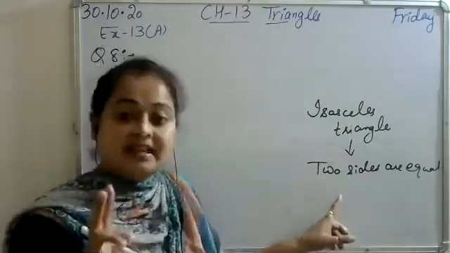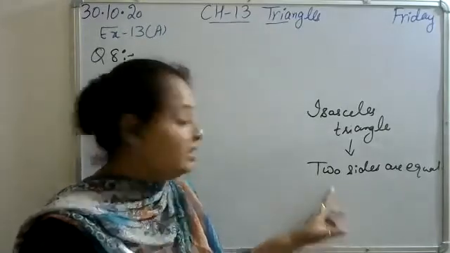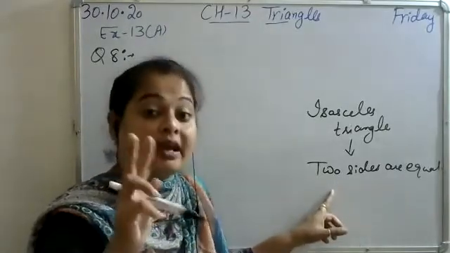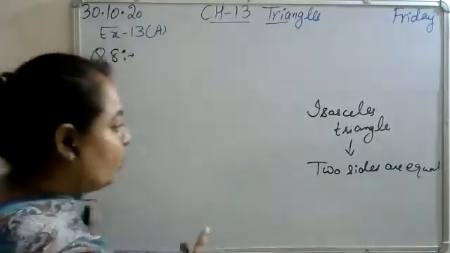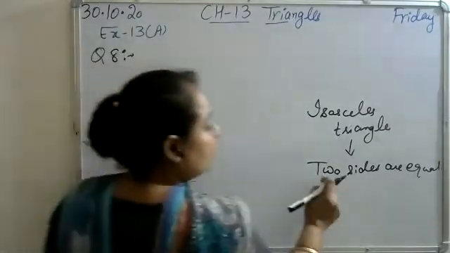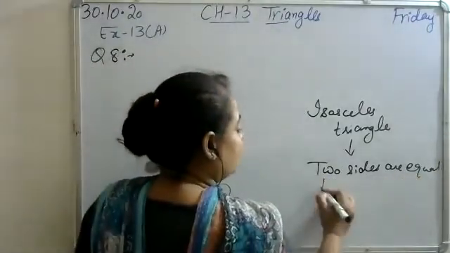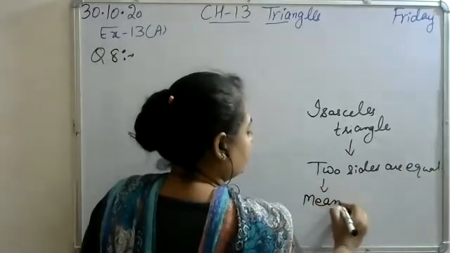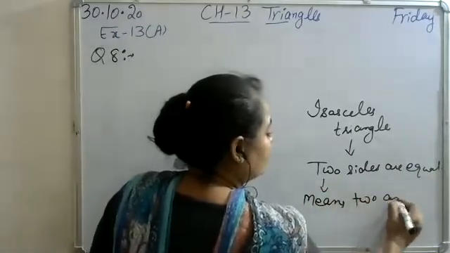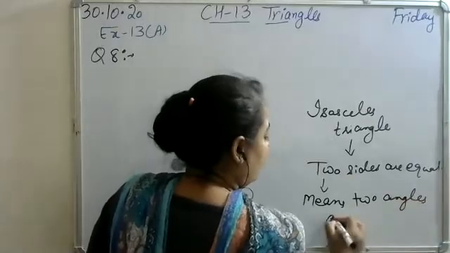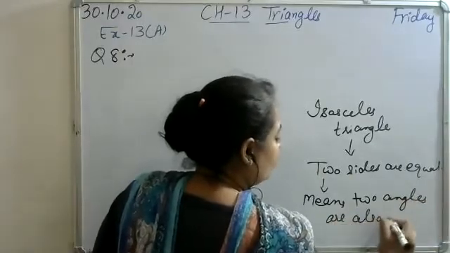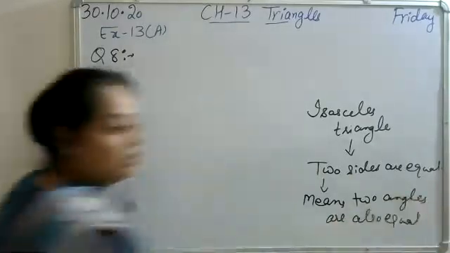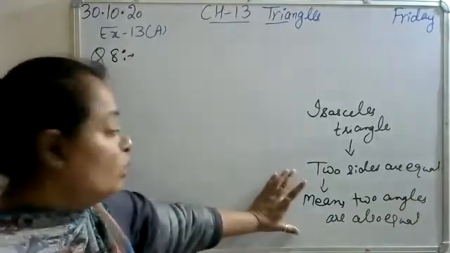If two sides are equal, then this will indicate that two angles are also equal. This is the property of isosceles triangle. Two sides are equal means two angles are also equal. Write down this property in your notebook.